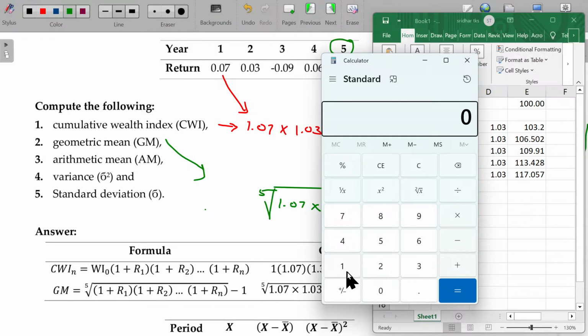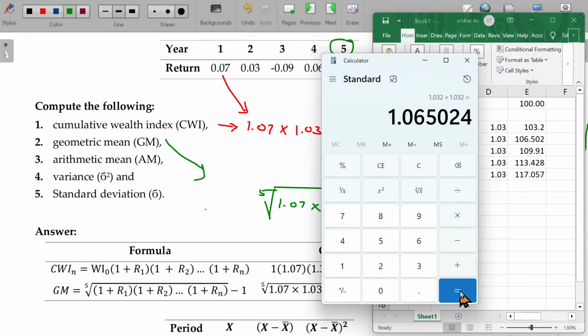See? 1.032. Under compound interest, what happens? For the year 2, 3, 4, 5, leaving 1, what is your return you are getting? 17%. Under geometric mean, what you get, 3.2, is the rate of actual return. Using that under the compound interest rate method, you will finally get the same answer.